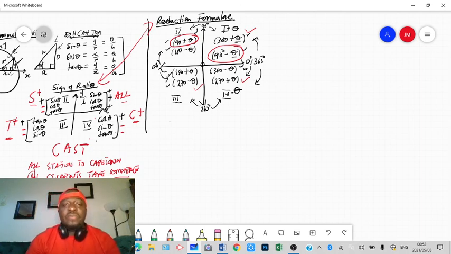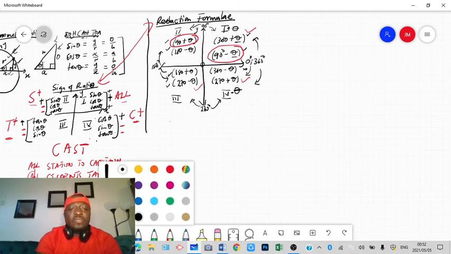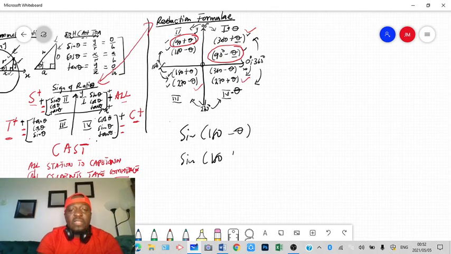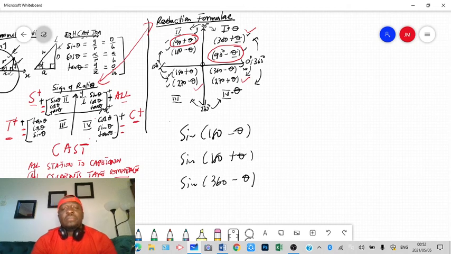So let's start off with sine. Let me use a black ink. Let's start off with your sine of all the reductions. So your sine of 180 minus, your sine of 180 plus, and then your sine of 360 minus.